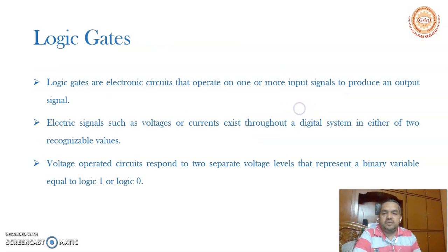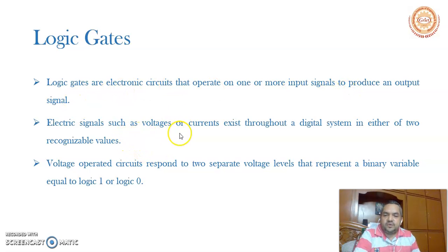Now we will see what logic gates are. To implement the operations we have discussed up to now, we use a digital electronic circuit called a logic gate. Logic gates are electronic circuits that operate on one or more input signals to produce an output signal.